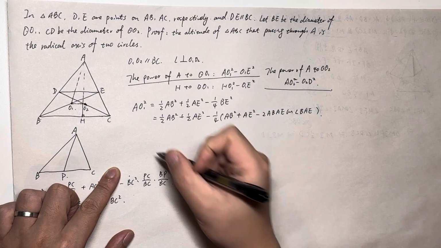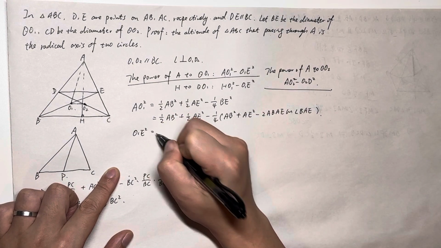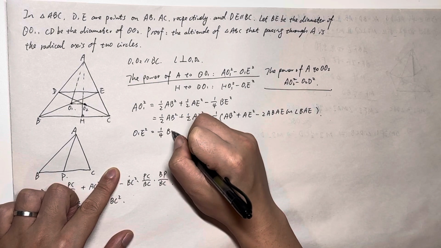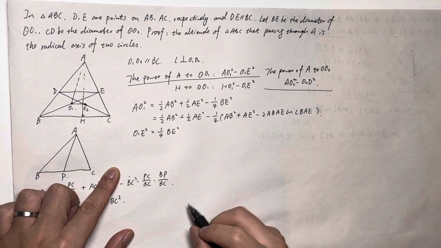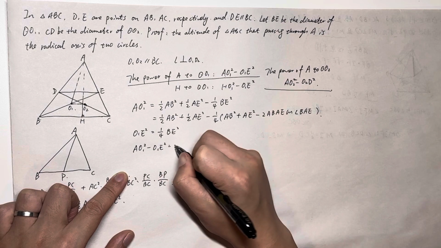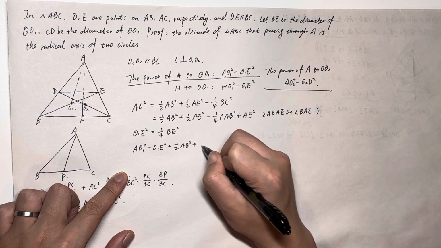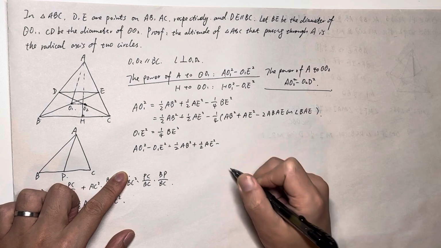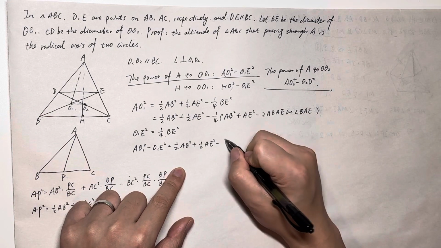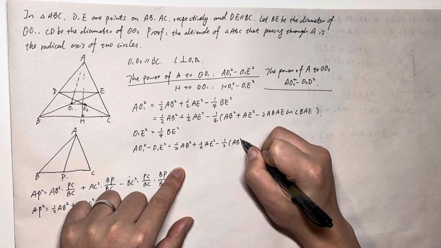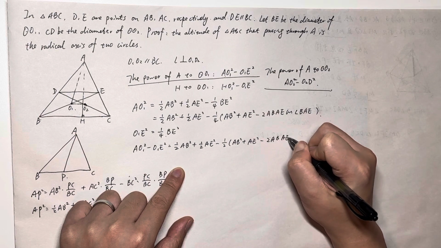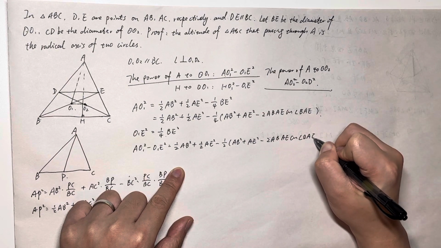And what is O1E squared? O1E squared equals a quarter of BE squared. So AO1 squared minus O1E squared equals half of AB squared plus half of AE squared minus half of BE squared, which is one half of AB squared plus AE squared minus 2AB AE cosine angle BAE.